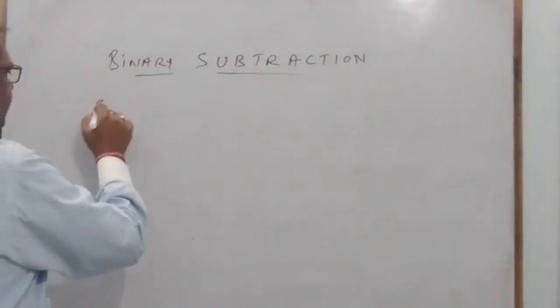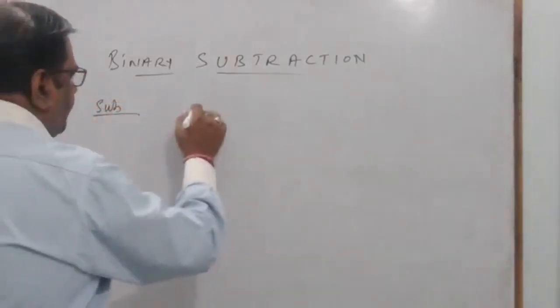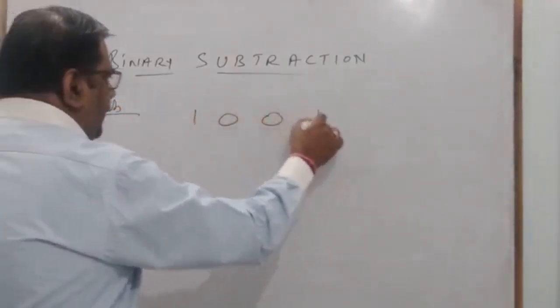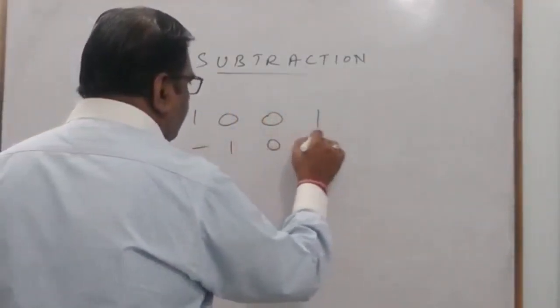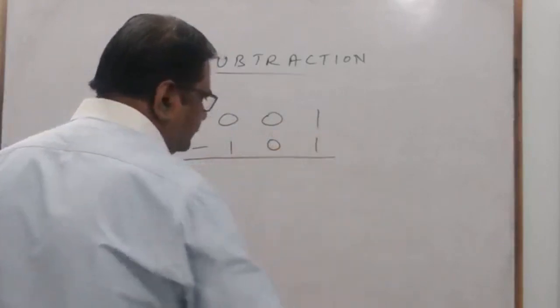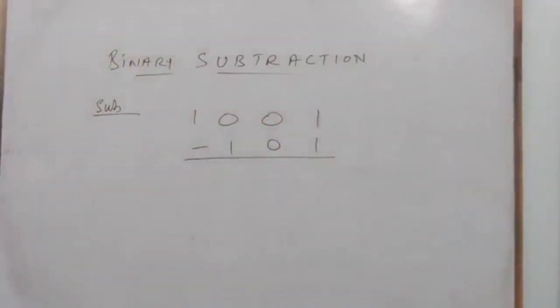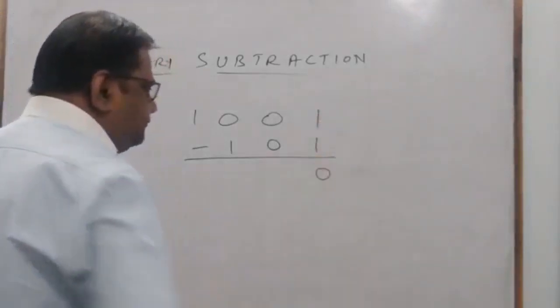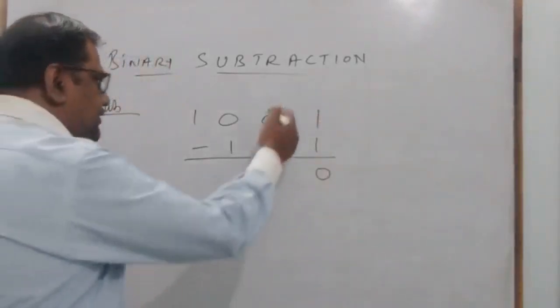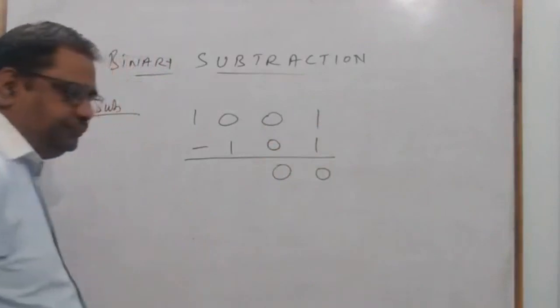Say for example, subtract 1001 minus 101. I am taking a simple one. 1 minus 1, 0. 0 minus 0, 0.